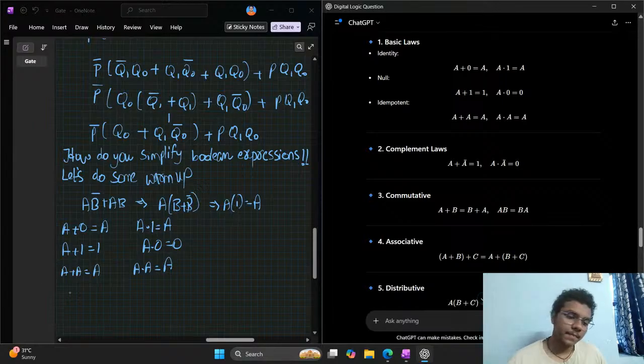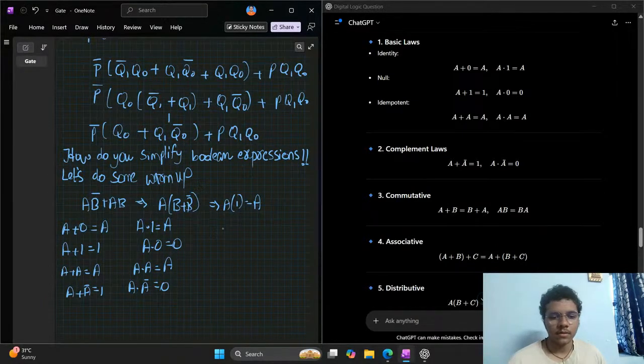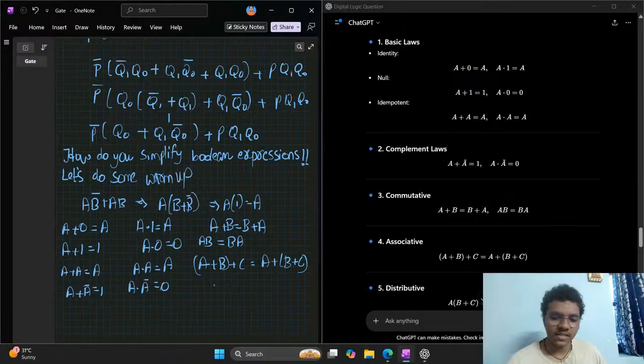Right. A plus A complement is equal to 1, A times A complement is equal to 0. A plus B is equal to B plus A, A B is equal to B A. All of that makes sense. A plus B plus C is equal to A plus B plus C. Okay, associative law.